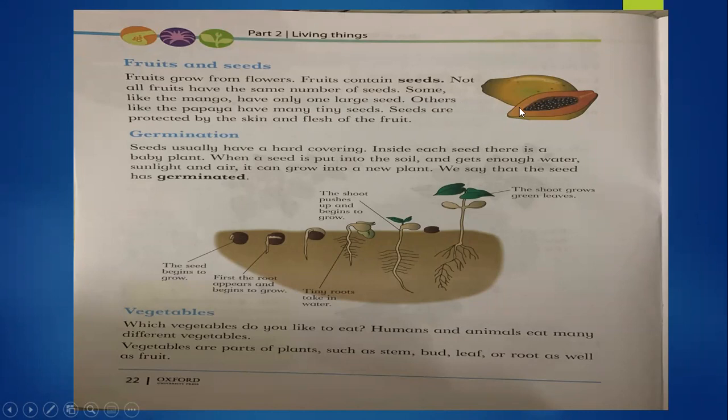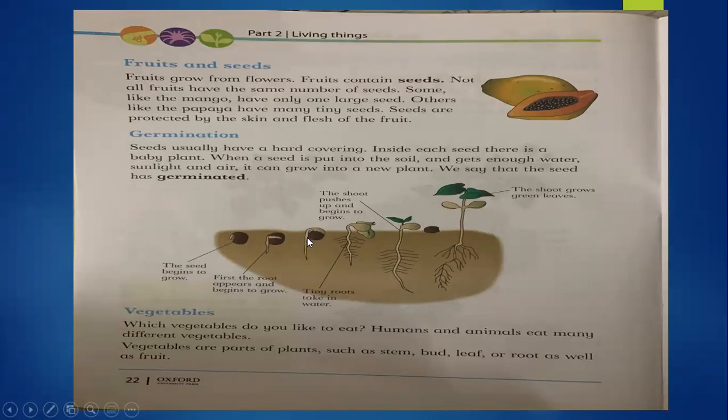So then what happens? From these seeds, we have the new plant, and this process is called germination. What is the process of germination? I told you, when we put the seed inside the ground and we give water to it, then the seed begins to grow.